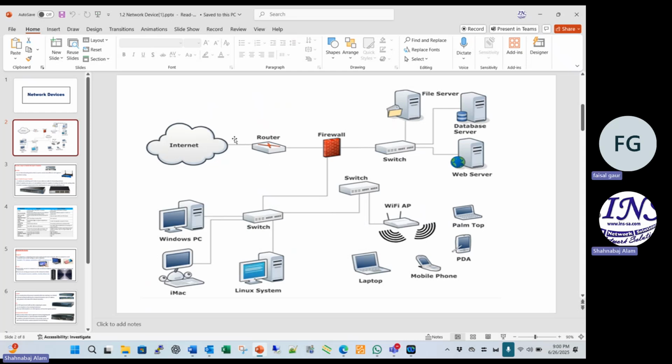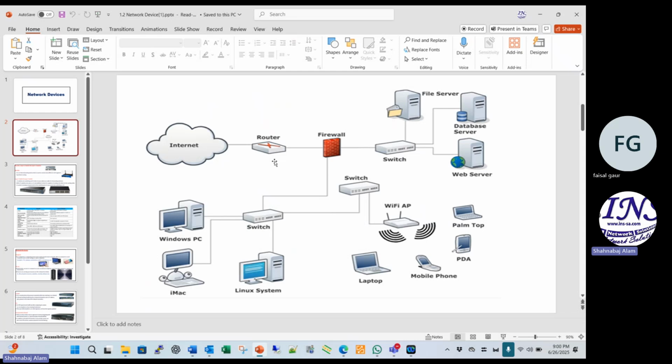We only need to buy the network lines. Suppose we have internet lines, a DIA line, and MPLS. There are different network lines.